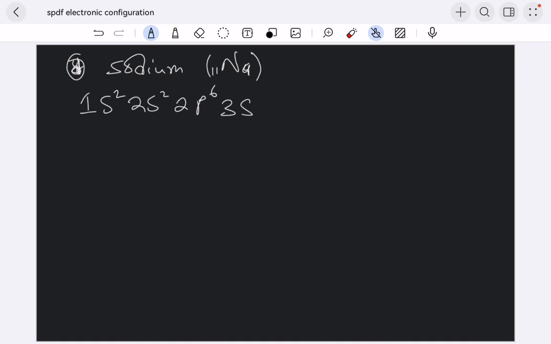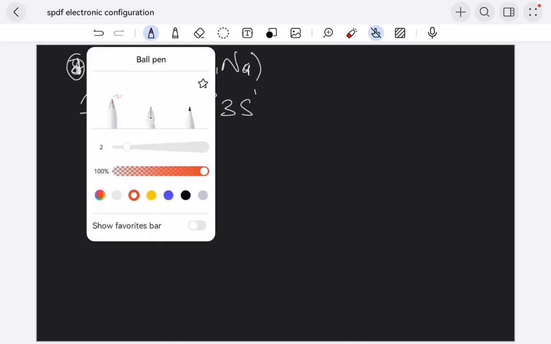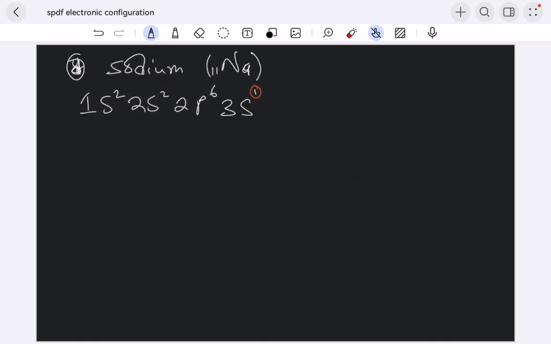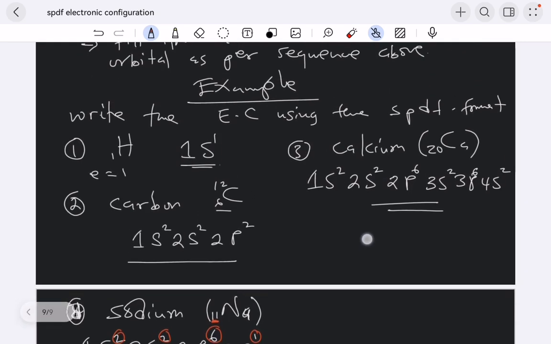So we have 2, 2, 6, and 1. When we add these electrons, they should be giving us 11. Okay, this one is done.